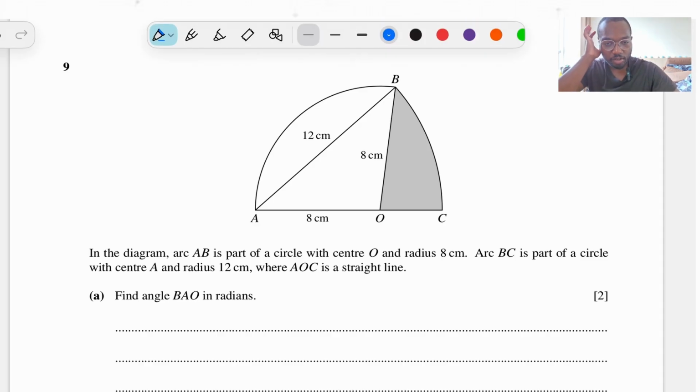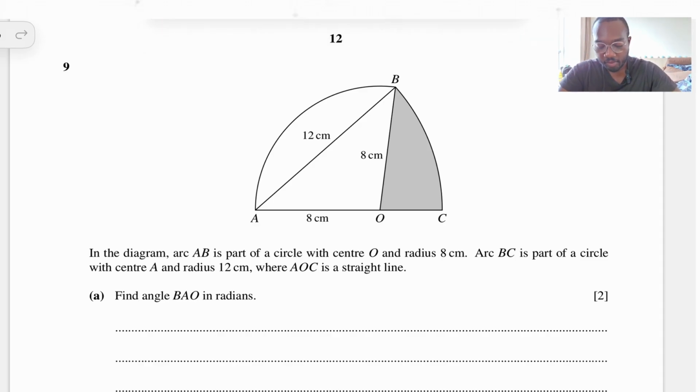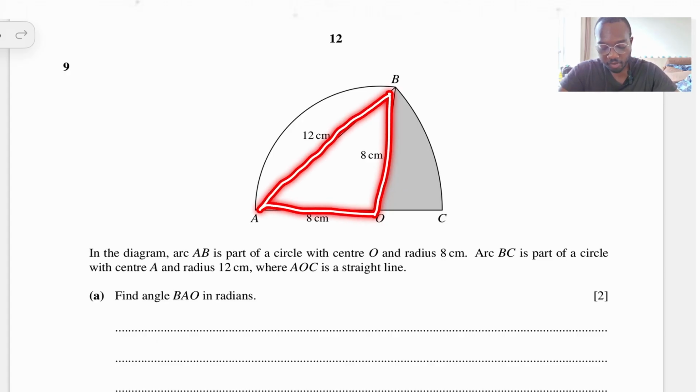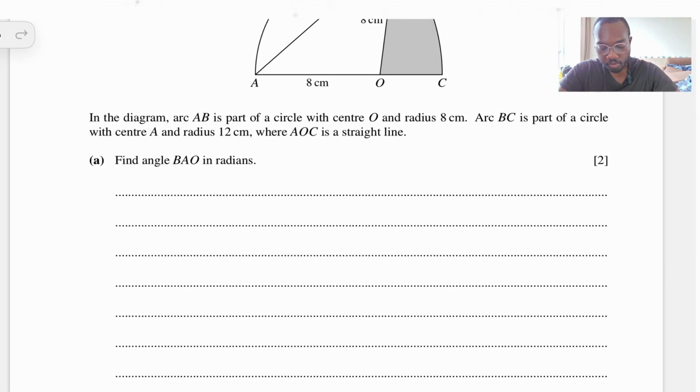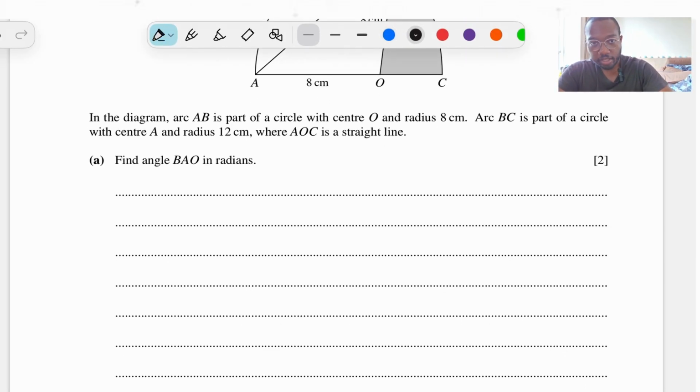Well, we actually know all of the sides, okay? We know this side is 8, we know this side is 8, and we know this side is 12. So actually, we can just use the cosine rule, okay? If I just draw here, it won't be too accurate, but let's say it's something like this.